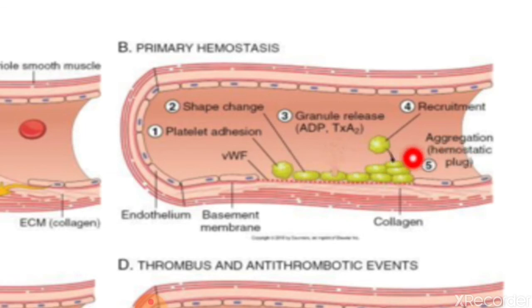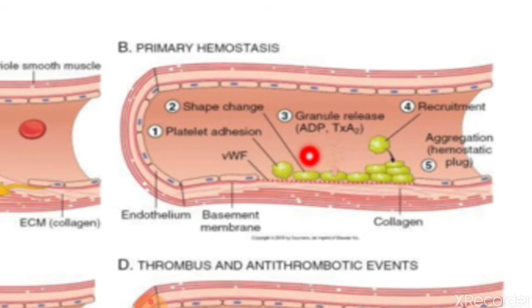So the platelet aggregation is due to secretion of intracellular granules like adenosine diphosphate, which causes activation and aggregation of other platelets. Also, the platelets secrete calcium, which is very important in activation of the clotting factors in the secondary hemostasis.